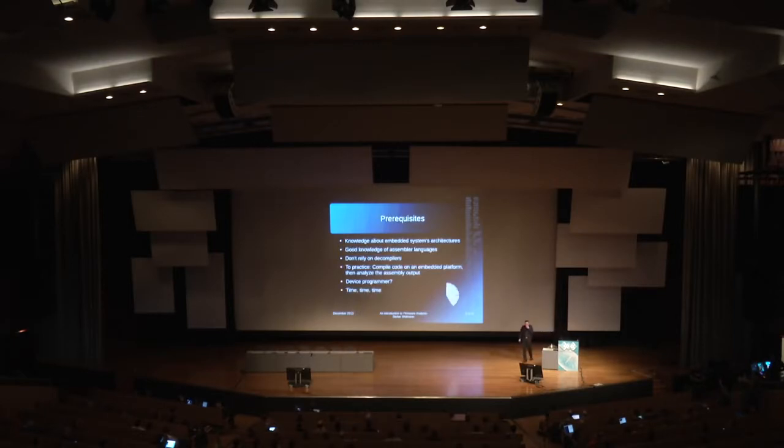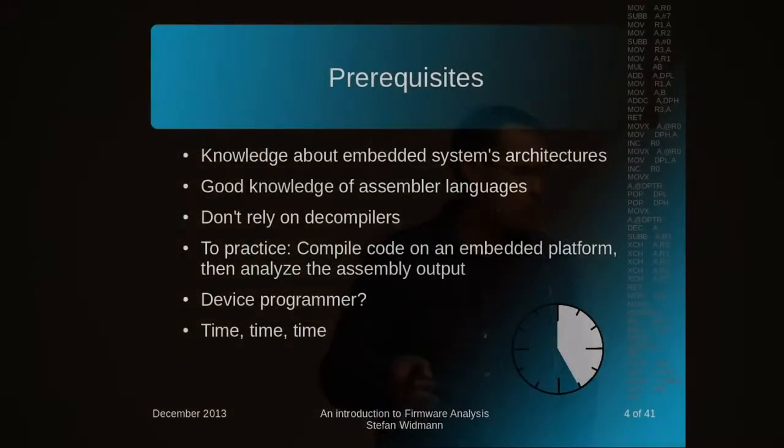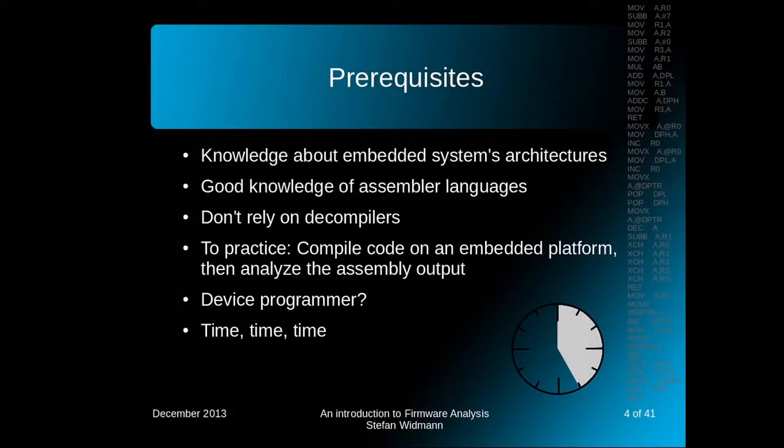Okay, so we already talked about the prerequisites, so now we're going deep into the topic. First, we need to obtain a firmware. We will go from non-invasive to invasive, because the first thing we want to try is getting the firmware without opening the device.